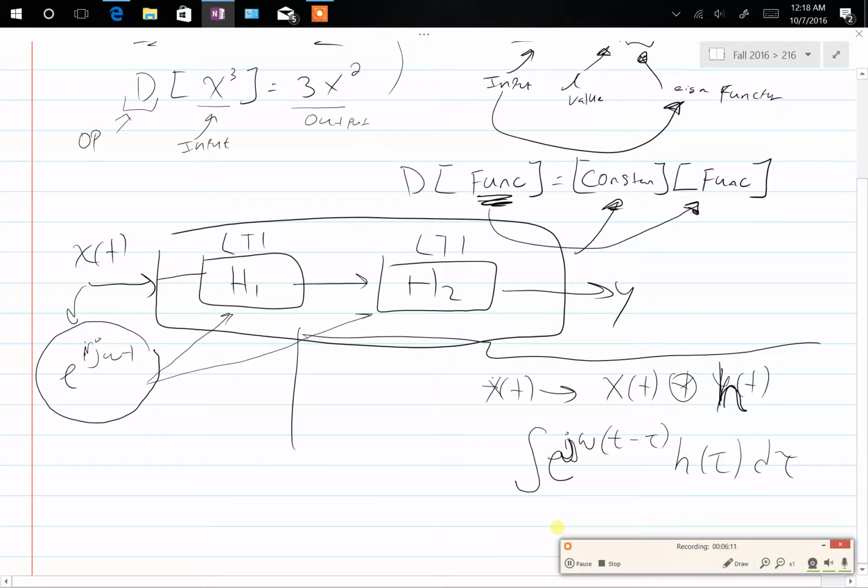What we notice is that I can separate what depends on time from what depends on the integration variable, which is a dummy variable that I'm integrating over. So I can separate e to the j omega t out of the integral because it's constant with respect to the dummy variable, times the integral of e to the minus j omega tau h of tau d tau.